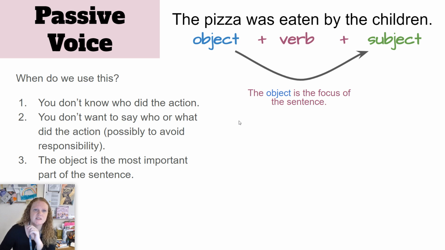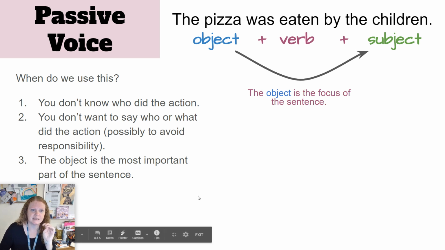So we use passive voice when we don't know who did the action, or when we don't want to say who or what did the action, possibly because we want to avoid responsibility. The lamp got broken. The object is the most important part of the sentence. If we're wanting to focus on the object in the sentence, then we can use passive voice intentionally.